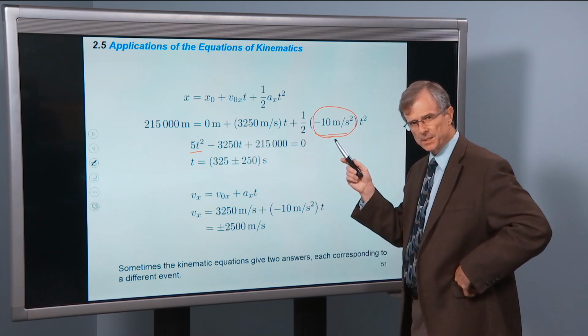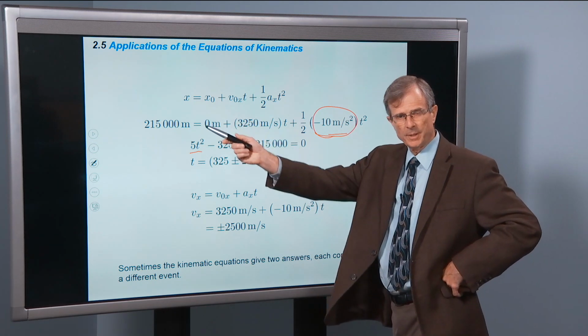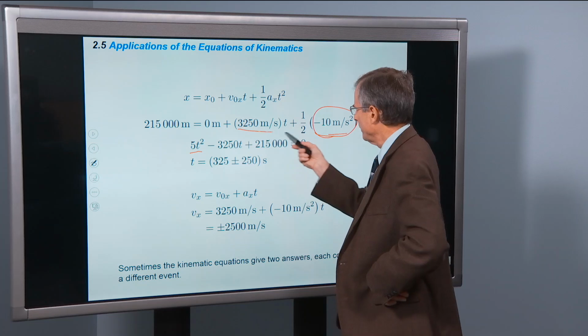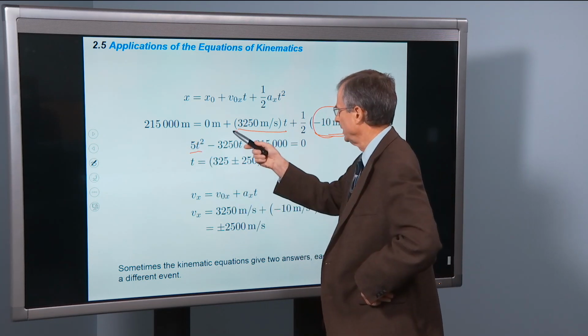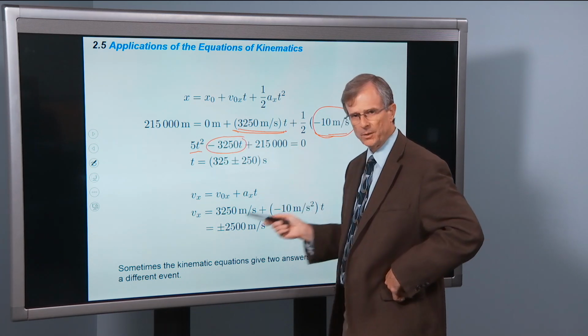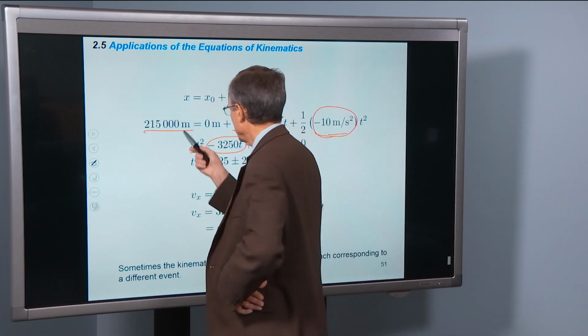Taking it to the left side, I turn this negative into a positive when I add it to both sides. This term, a positive term, I also take to the left side, where it becomes negative. And then this 215,000 comes along for the ride.